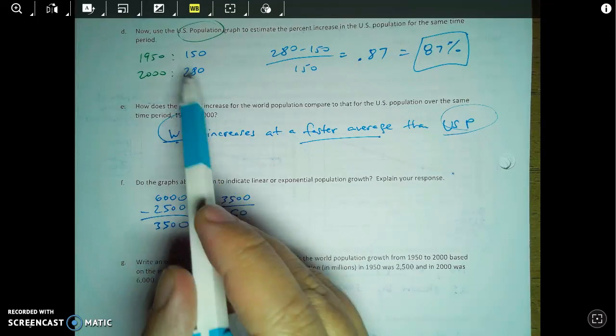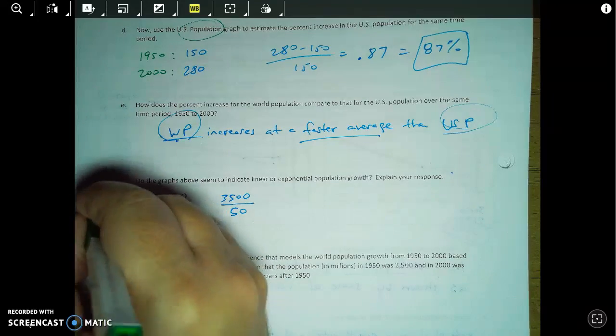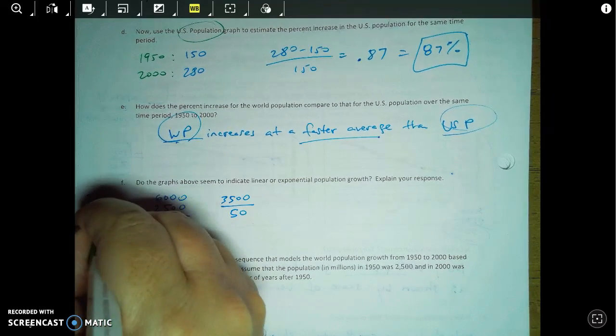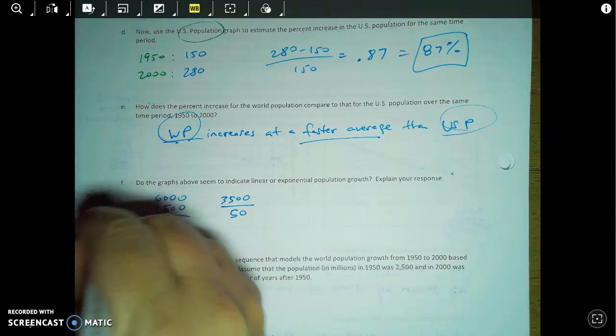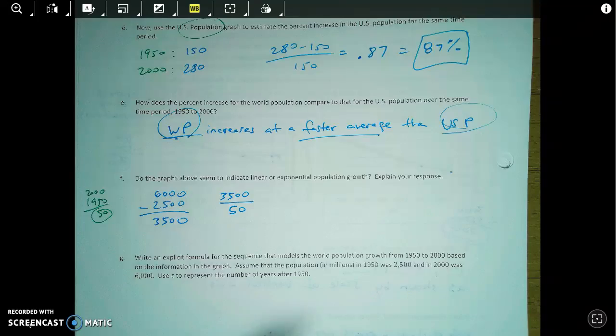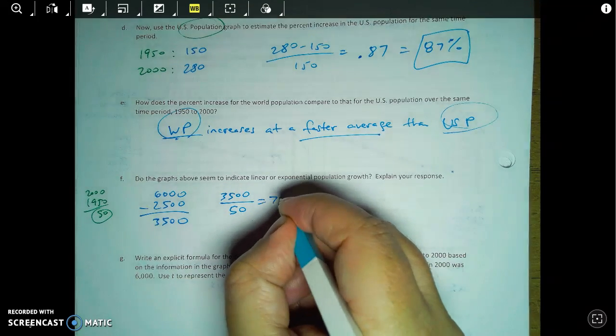From 1950 to 2000, we have 50 years. So divide 3,500 by 50 and you end up with 70.